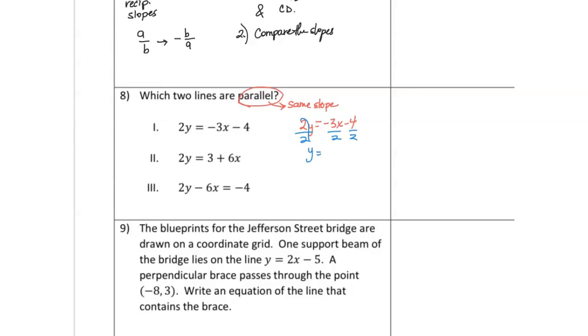And we'll get y equals negative 3 over 2x minus 2. In this case, our slope is a negative 3 over 2. So for the very first equation, the m equals negative 3 over 2. You'd need to do that for numbers 2 and 3. And again, you're looking for which 2 lines have the exact same slope?